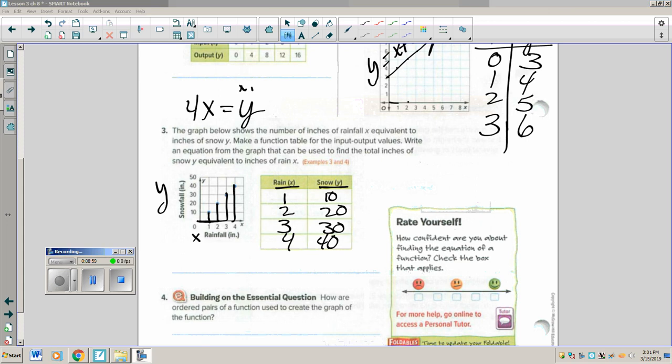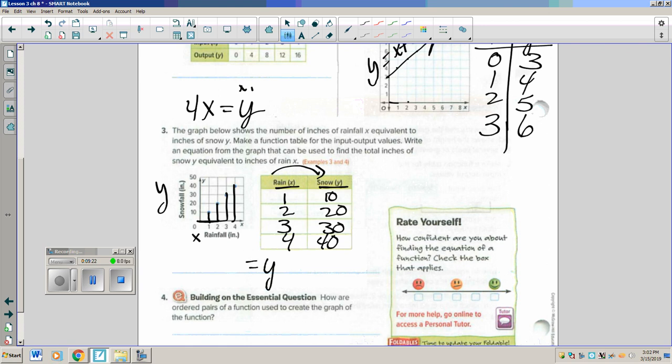Now, you have to find the pattern. 1 plus 9 is 10, 2 plus 9 is not 20, so it's not adding, so it must be multiplying. Think about what you're multiplying x by to get y. 1 times 10 is 10. Check it to see if it works for 2. 2 times 10 is 20. 3 times 10 is 30. 4 times 10 is 40. So now you write the equation.